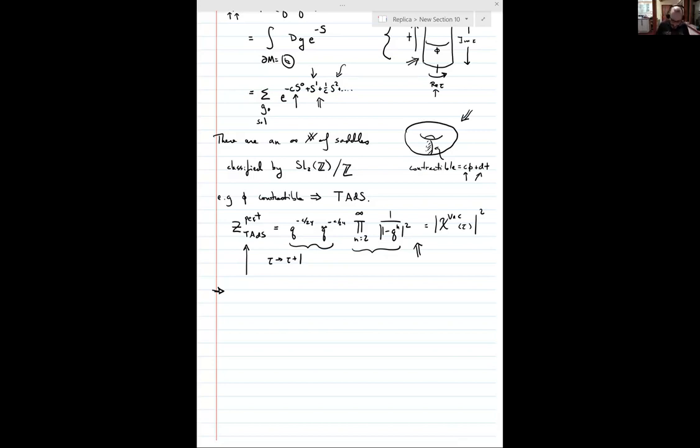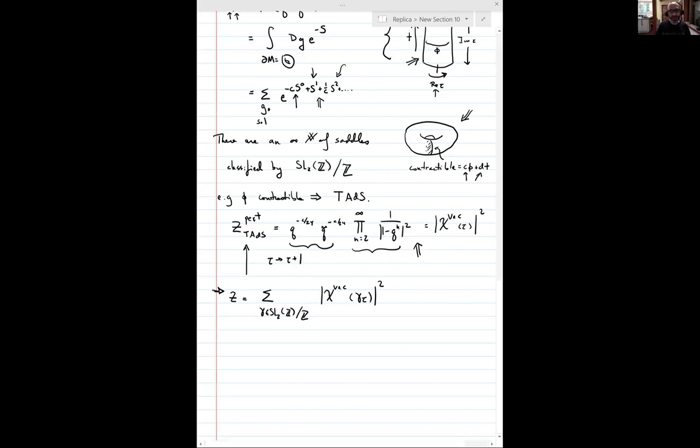And our conclusion will be that the partition function is going to be a sum over all of these saddles of the appropriate perturbative thing evaluated on that saddle.